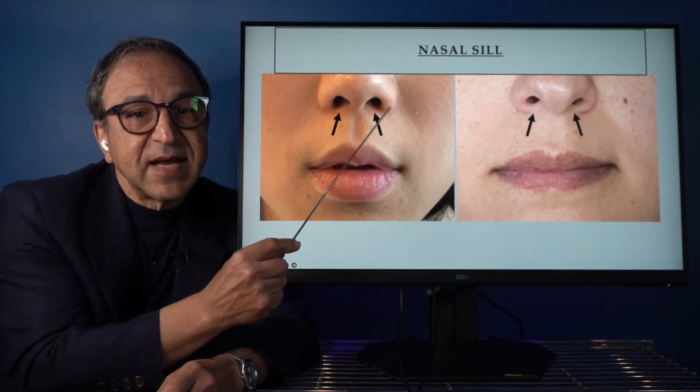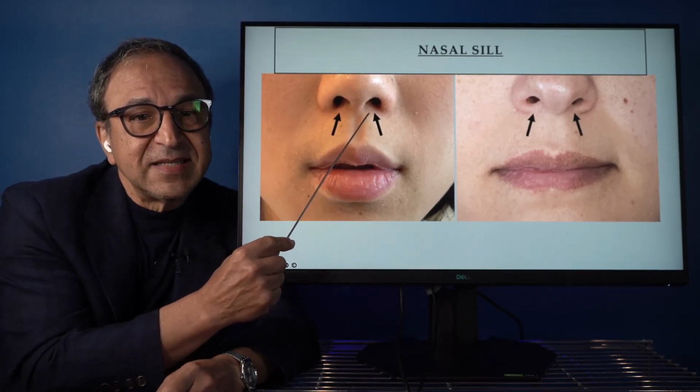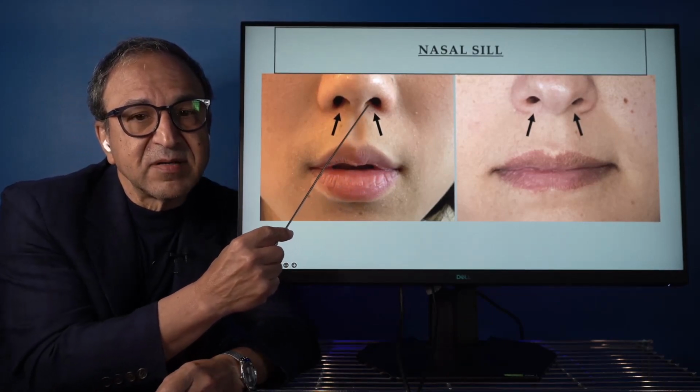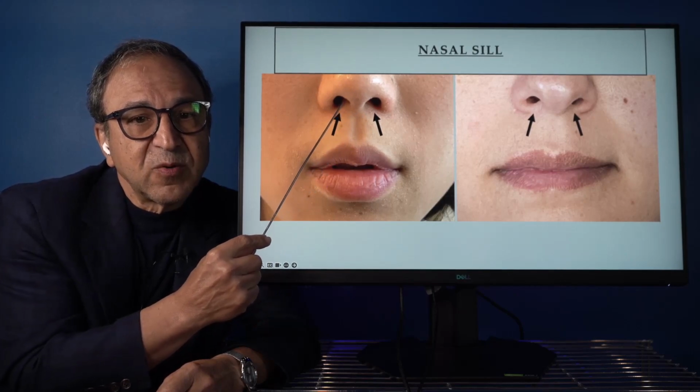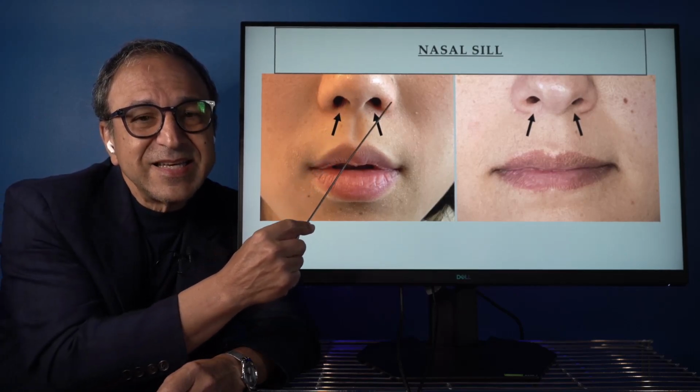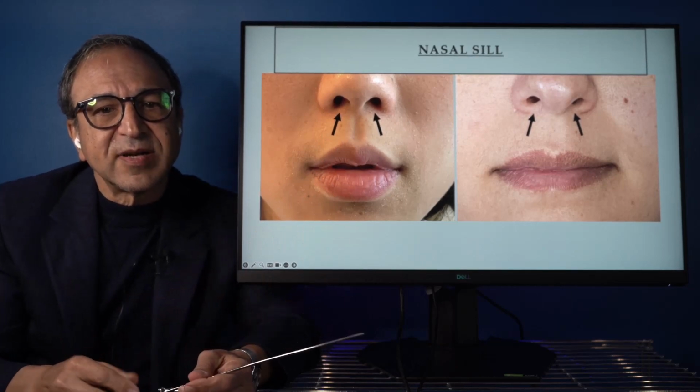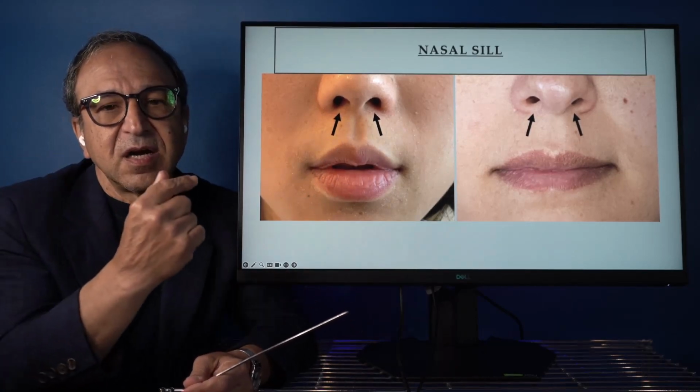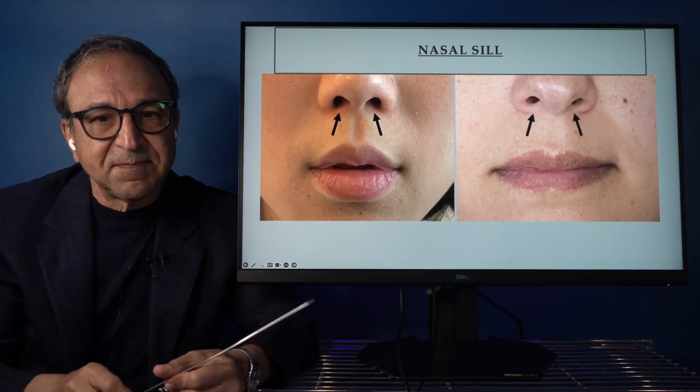However, when a patient has a very indistinct nasal sill, or you can barely see it, then I will go in with a scar a little bit into the nasal sill so that it doesn't look like a linear scar running across an empty space.